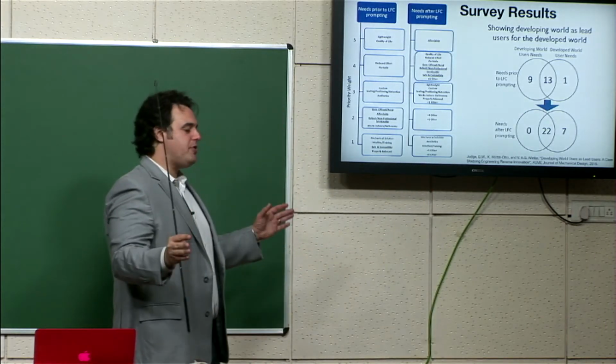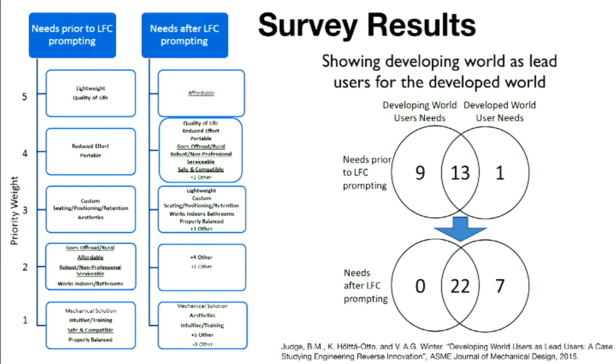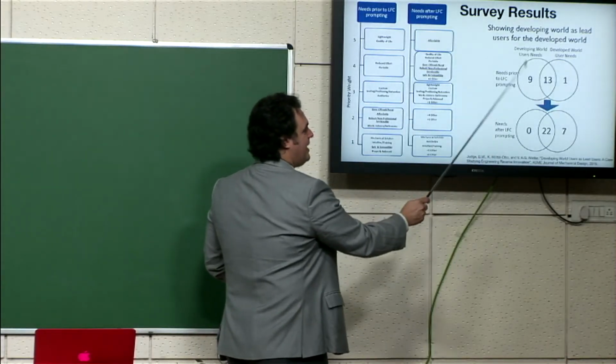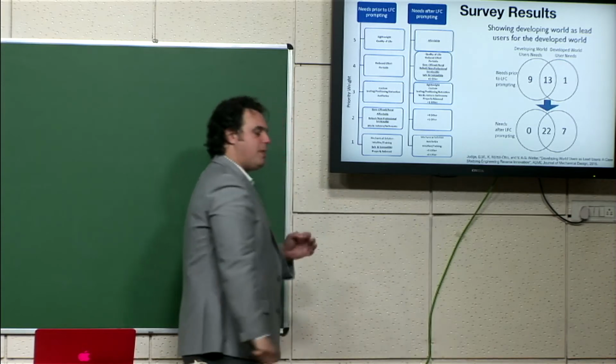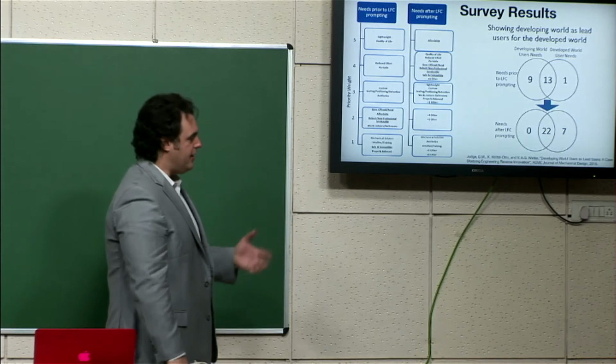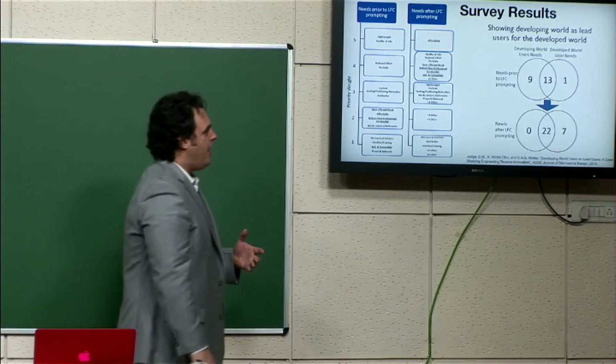So these are just people saying, this is what I want in a wheelchair. Not necessarily the LFC, just in general. There were 13 shared needs that overlapped, but there were 9 distinct needs expressed by people in developing countries. These were needs like off-road capability, lightweight, easy repairability, etc.